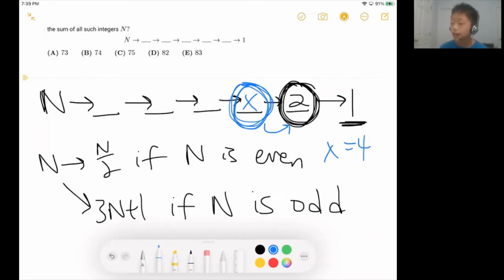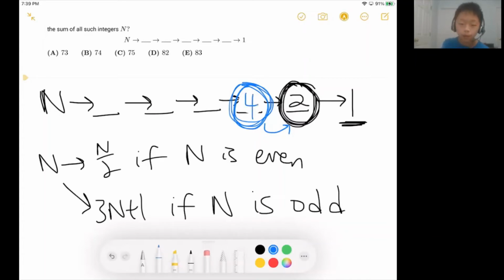If x is odd, then you would do 3 times x plus 1, and setting that equal to 2 gives x equals 1/3. But that clearly makes no sense because x has to be an integer. So x equals 4 is the only possibility for the blue circle, and we can replace it with a 4.